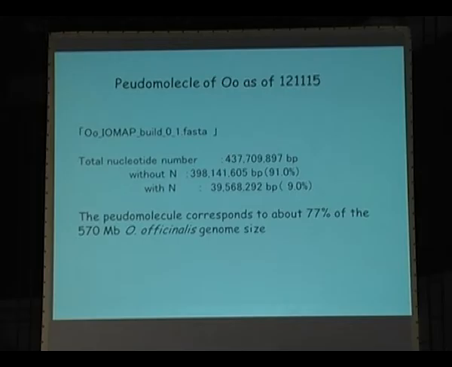The final result at the moment is a pseudomolecule of Oryza officinalis as of today, OOIO map build 0.1 fasta, with the total nucleotide number without and with N arrays. They correspond to about 77% of the 570 megabase Oryza officinalis genome size.